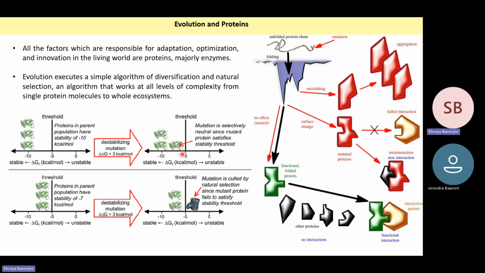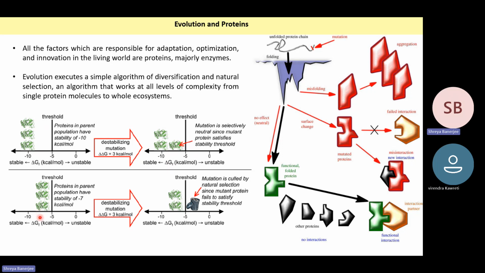But there is a threshold of stability in which the protein can still function, it can still exist. Let us assume the threshold is minus 5 kilocalorie per mole. So the mutated protein is still within the allowed threshold, and so it will continue to reproduce and evolve in the next generations.